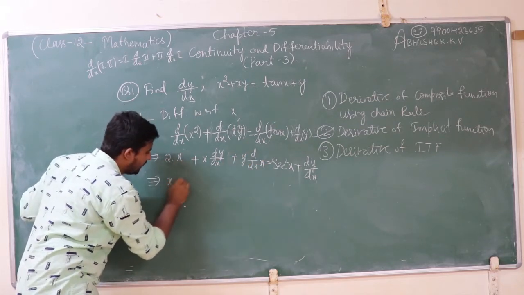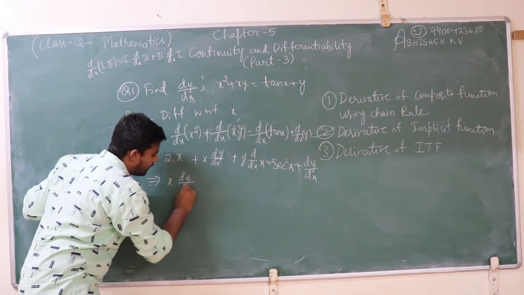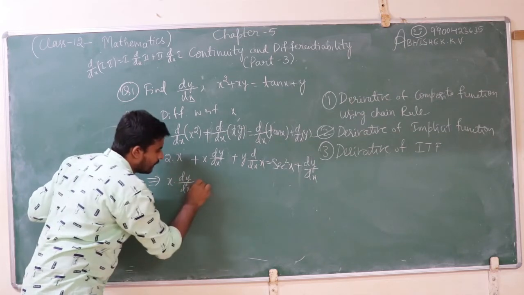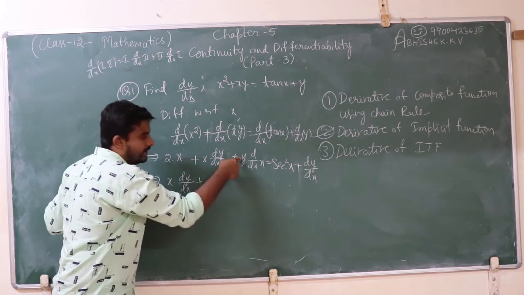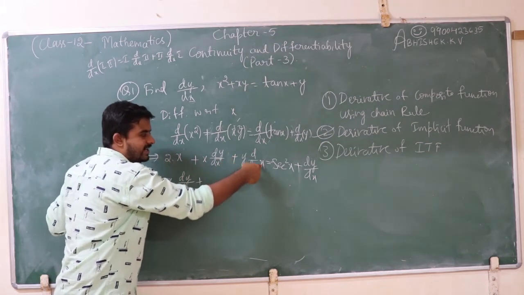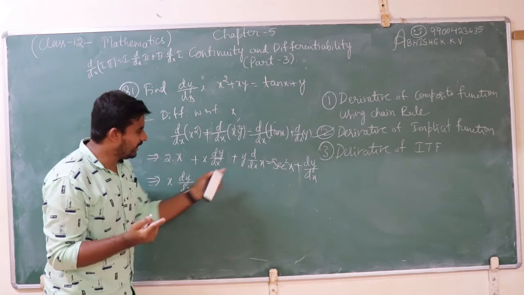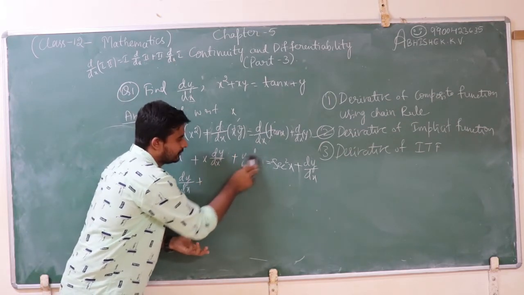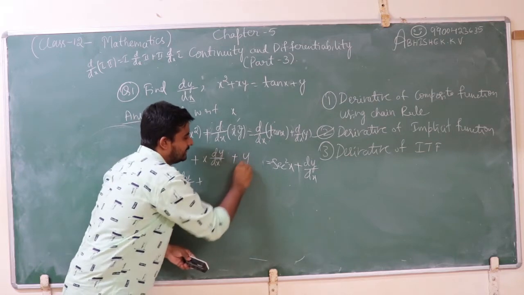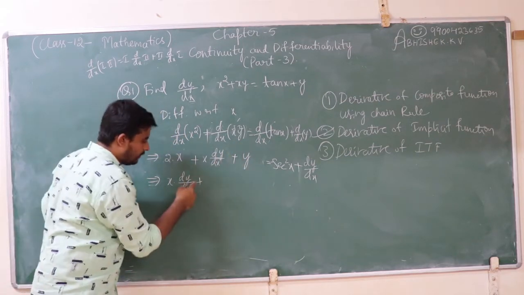We are going to put x into dy by dx plus, here y into d by dx of x, which is equal to 1, so I can directly write this as y.